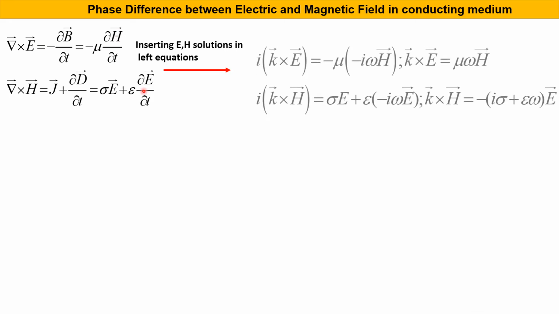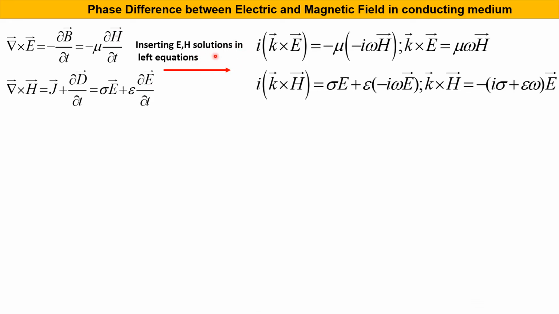If we insert the E and H solutions, with E equal to E0 e to the power i into (K dot R minus omega t), then K cross E is on the left side, and the partial derivative of the H term produces minus i omega. You can visualize this very easily, you can do it by hand. So K cross E will be mu sigma omega.